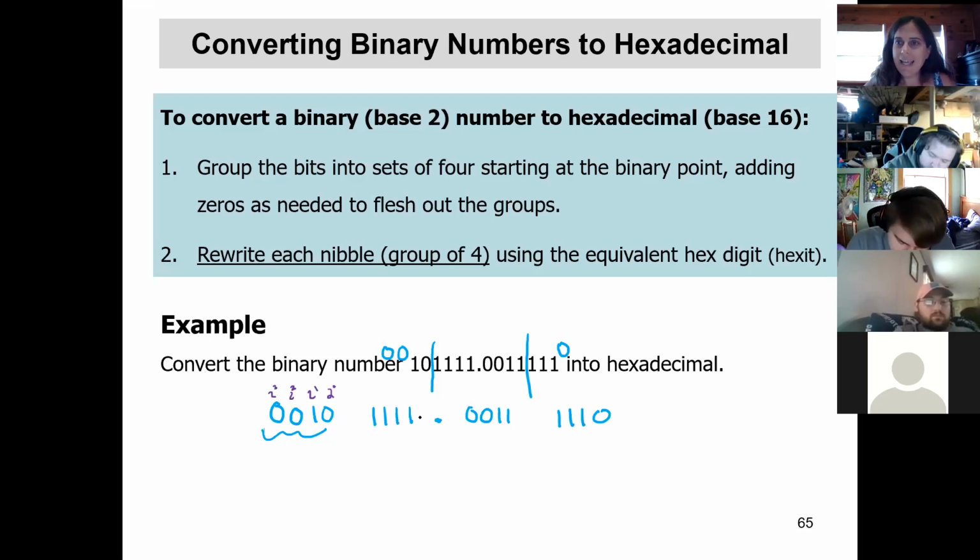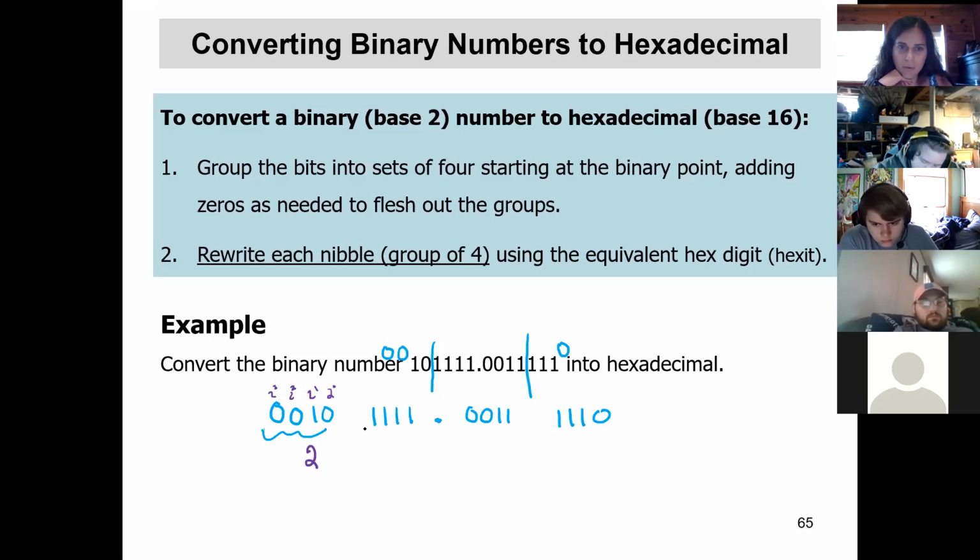This is just in this nibble, not for the whole binary number, because we're talking about groups of 4. If we're converting to hex, we're treating these separately. This is a group of 4, this is a group of 4, and not treating this as the 5th, 6th, 7th, and 8th place away from the point. So we have none of those. We have one of these, 2 to the first, so we have a 2. That's this number in hex.